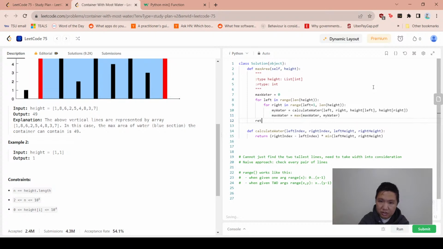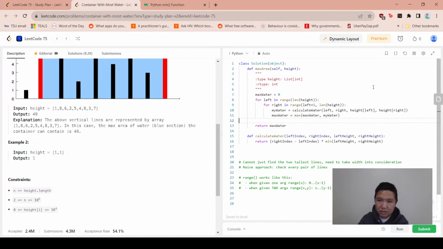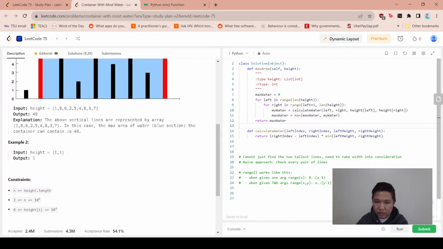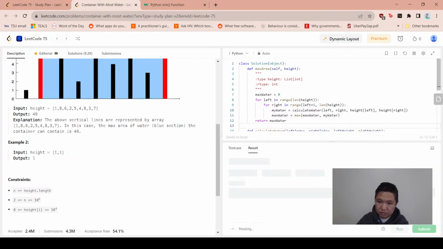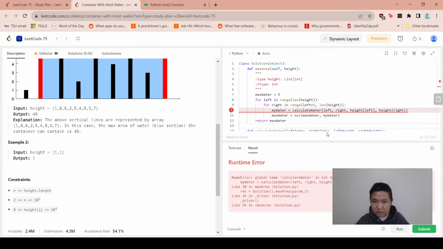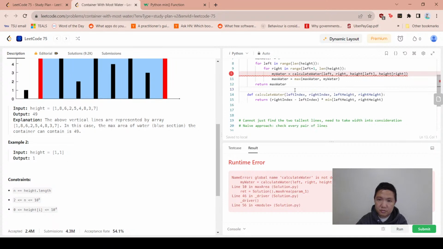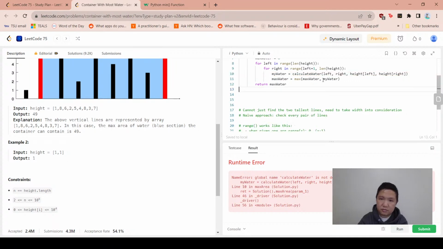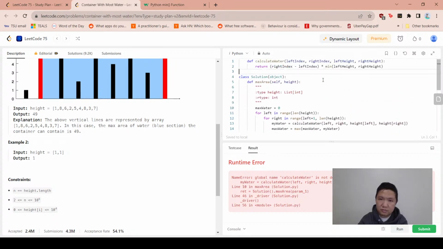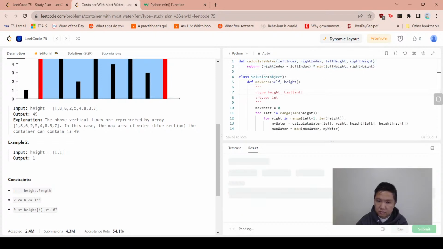Now return max water. Okay, so I'm pretty sure this should work, but it's not the most optimal way to do this. Okay, so it works, but it is slow.